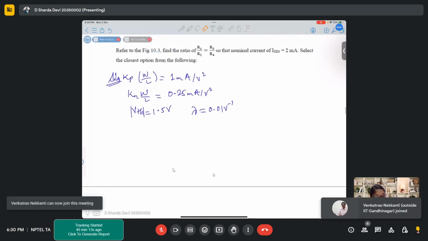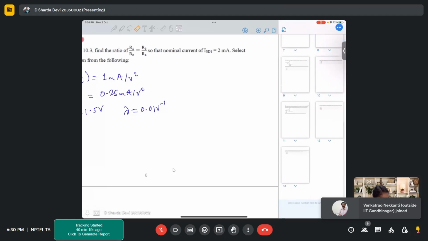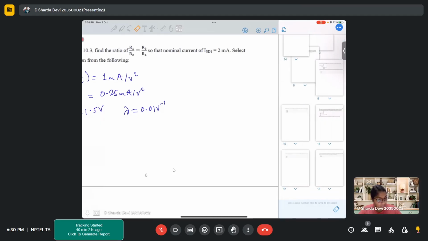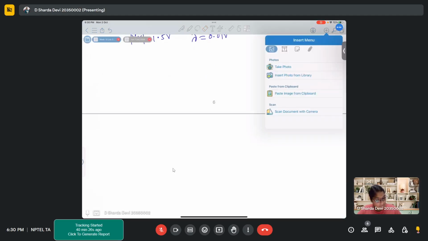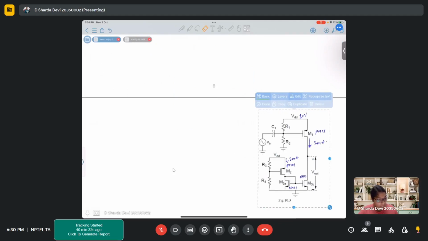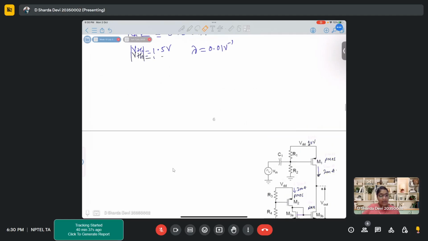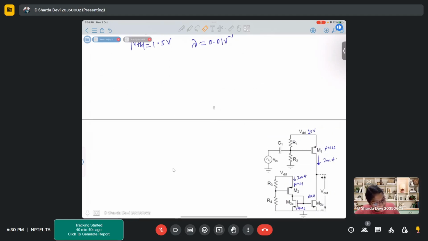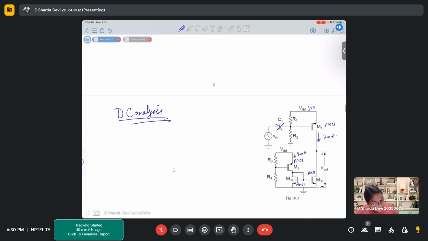That is the question. In this, first of all, we are performing DC analysis, correct? Since it is a DC analysis, this capacitor will not come into picture.